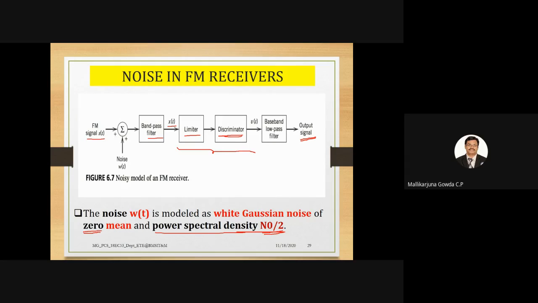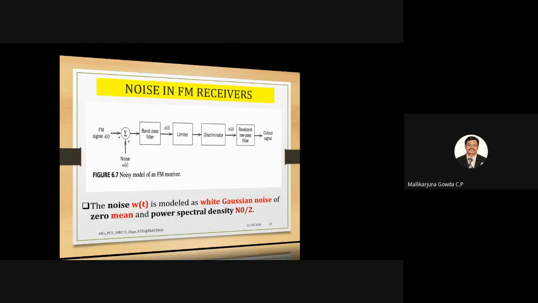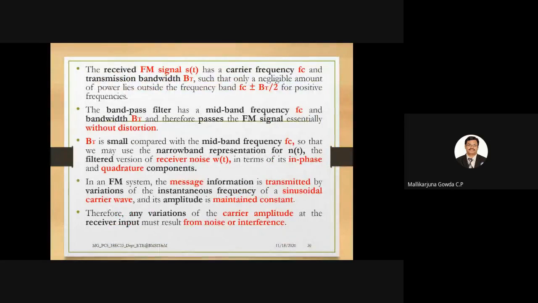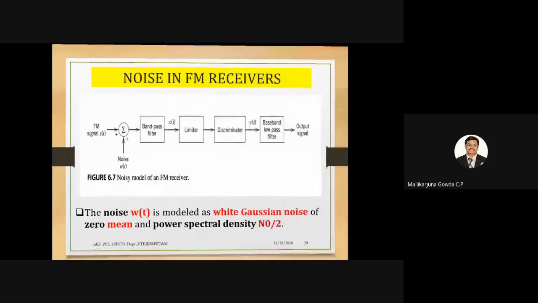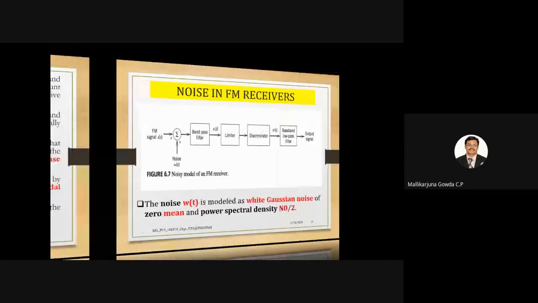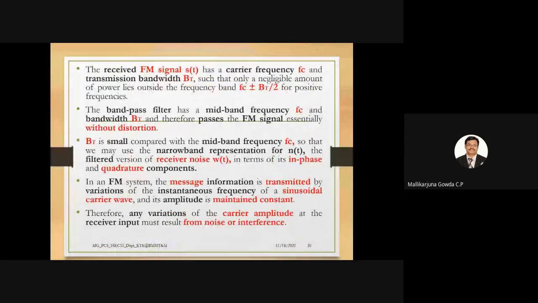By assuming white Gaussian noise having zero mean and power spectral density of N0 by 2, we'll be able to simplify many mathematical computations. I told this in the beginning only, right? After understanding this, the received FM signal will have a carrier frequency, denoted by fc, and a transmission bandwidth of BT.